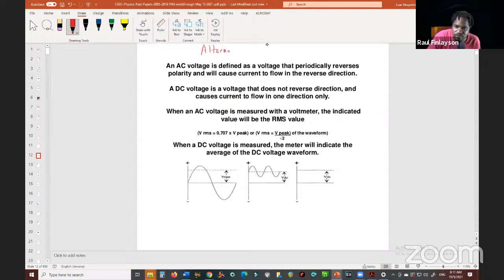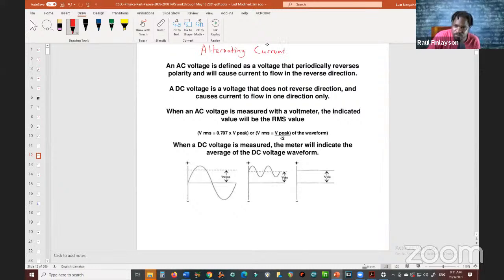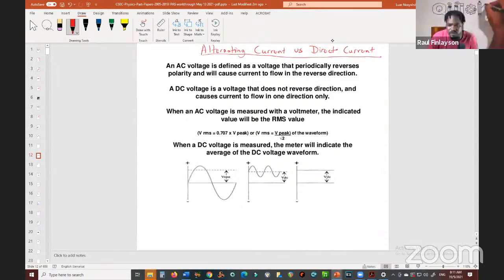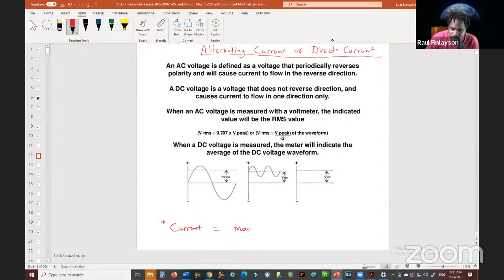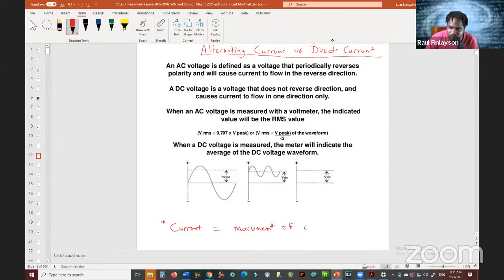So here's what we're looking for. First of all, current is the flow of charge. Current is actually the movement of electrons in a material.